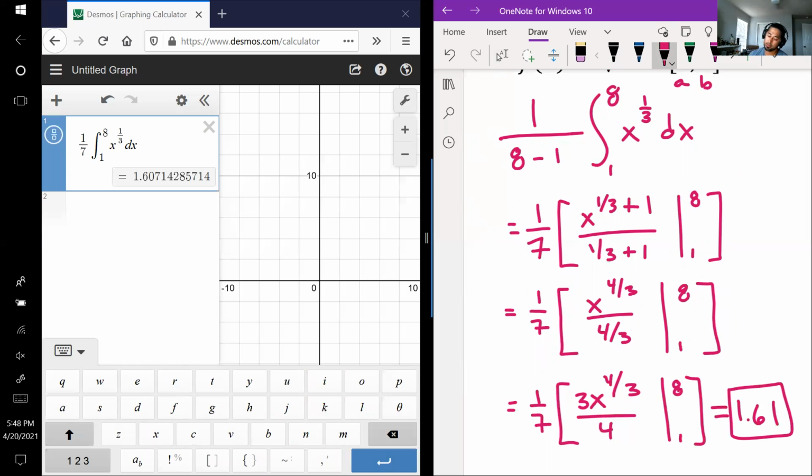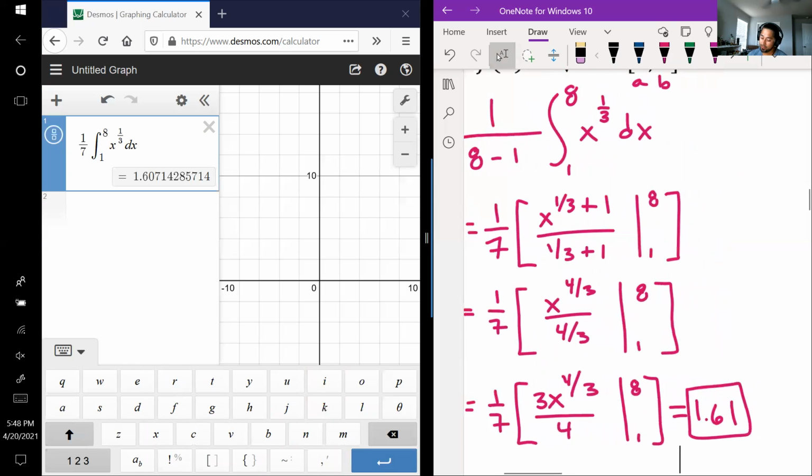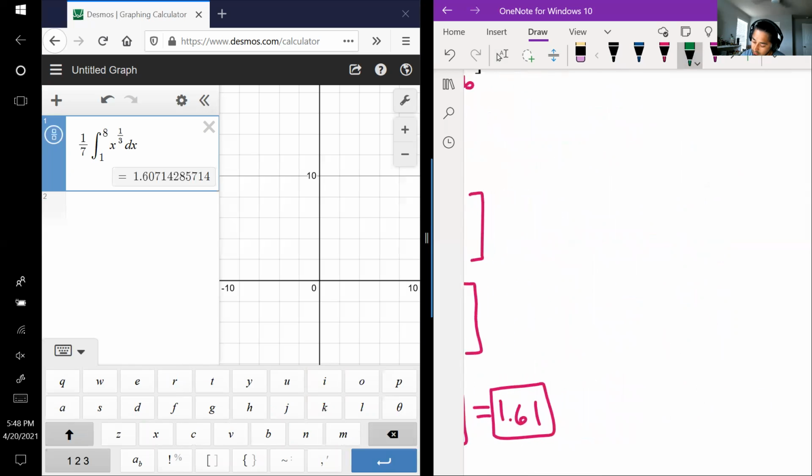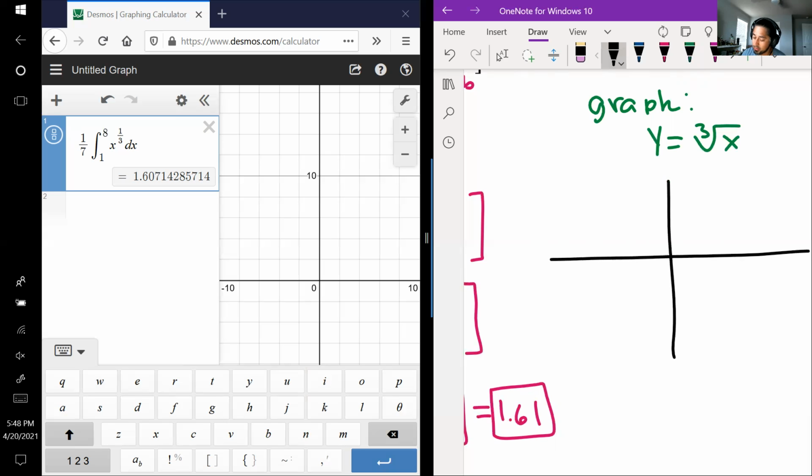All right. And now graph it. Let's say graph. And we are graphing y equals the cube root of x. Here's my xy chart. And once again, it tells us what x values to use. It says use the values 1 to 8.